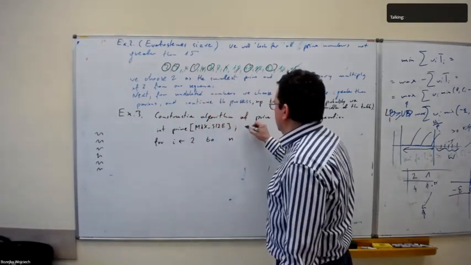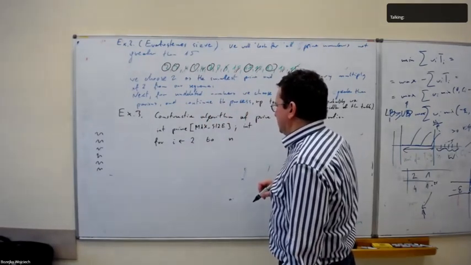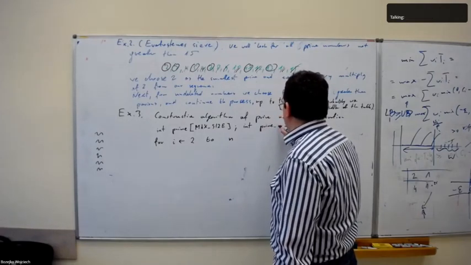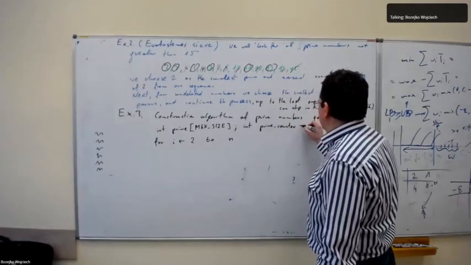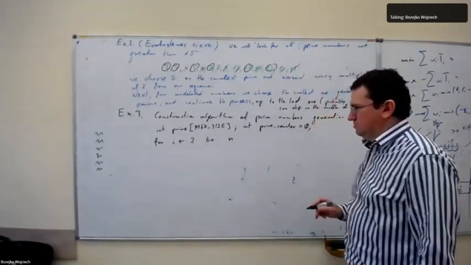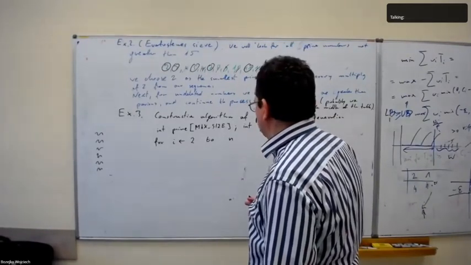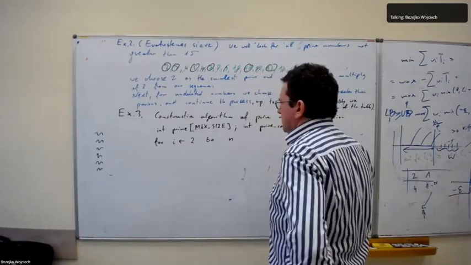Also, we need a kind of counter. So prime counter now will be 0 at the beginning. So we have no prime. Maybe let us write some of them. Okay, maybe not.